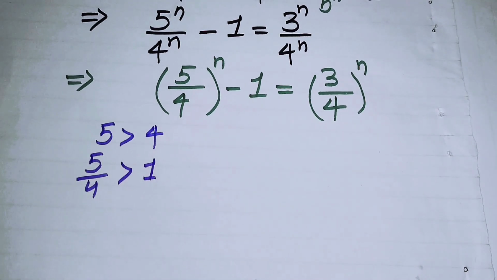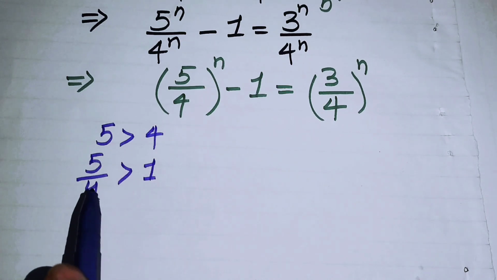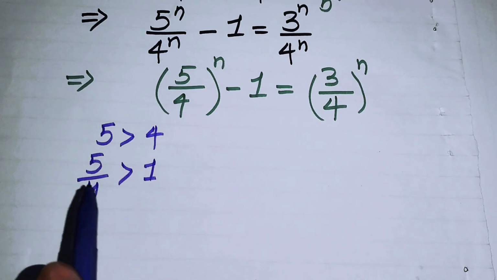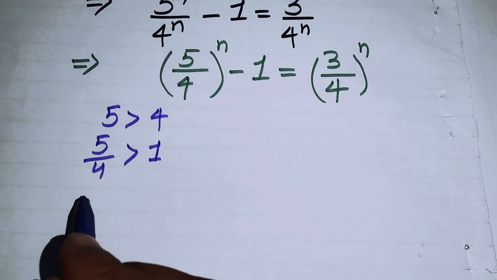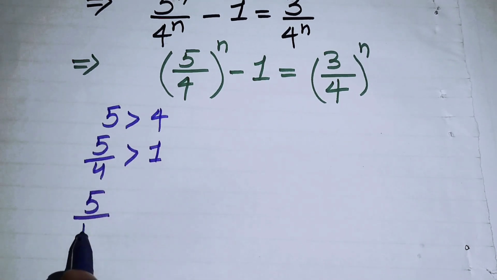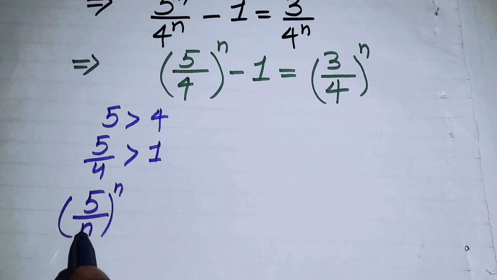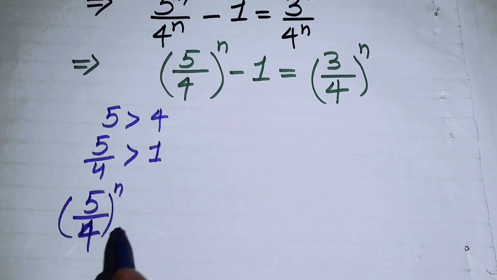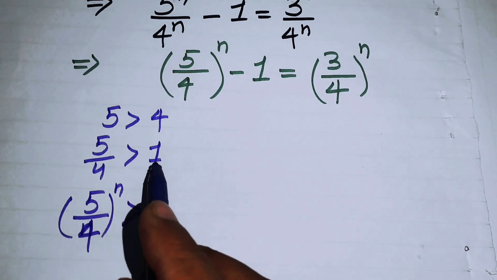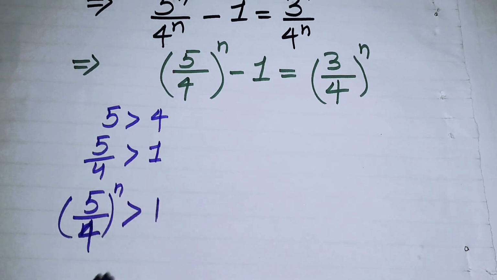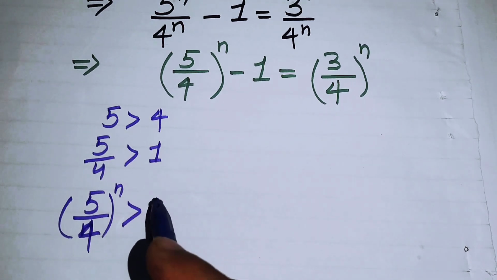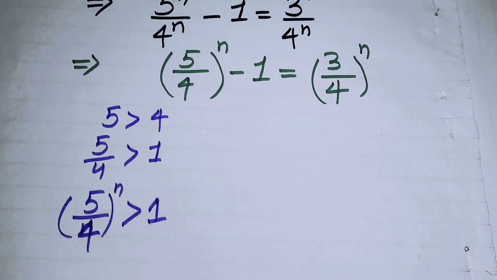And we already know that, and after that if we take the exponent n on both of the sides, then you get 5 over 4 and its whole power n is greater than, we know that 1 to the power n equals 1.